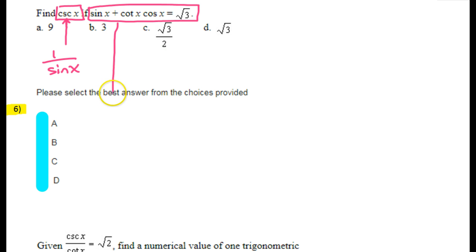So I think I'm going to bring that down here. My favorite thing to do is write everything in terms of sine and cosine. So I already have sine and cosine. Cotangent, though, I can write that in terms of sine and cosine. I know that cotangent x is the same thing as cosine x over sine x.